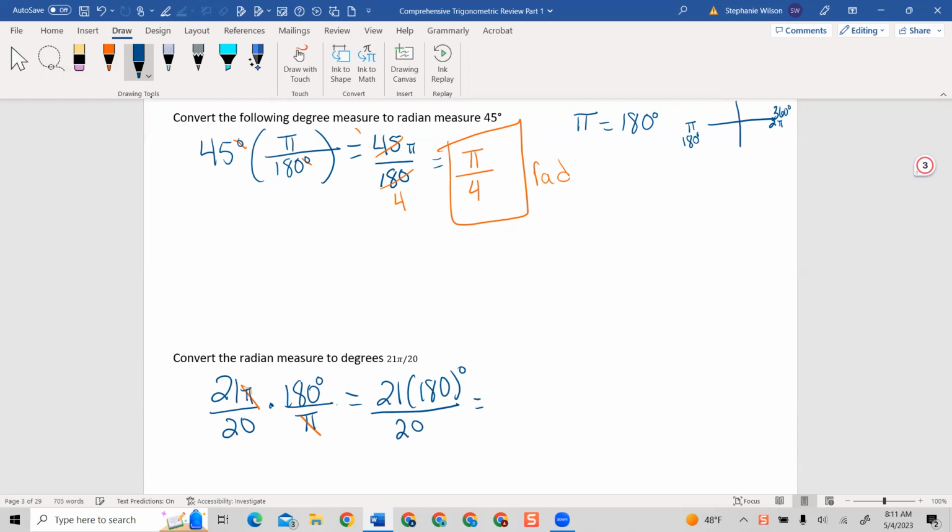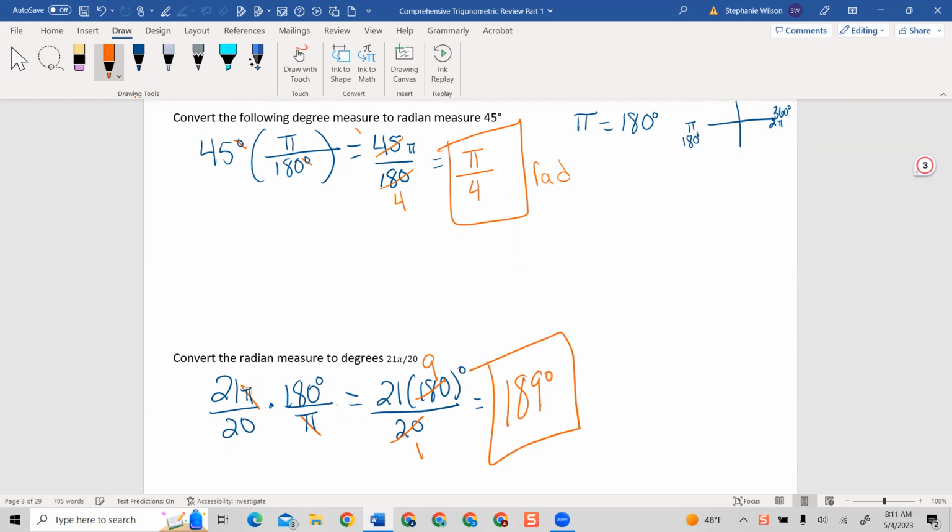And we can reduce, right? I know that 180 divided by 20 will reduce by 9. So 20 goes into itself once, 180 9 times. And that leaves me 21 times 9, which gives me 189 degrees. And that's my answer.